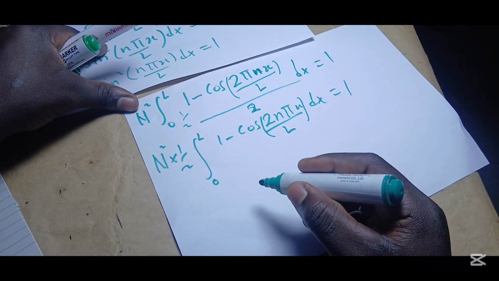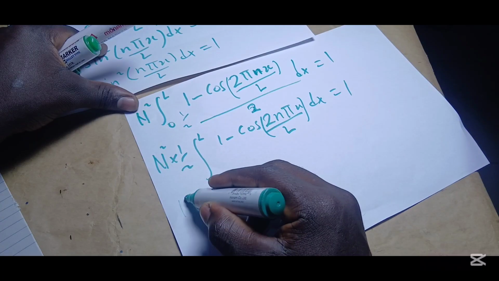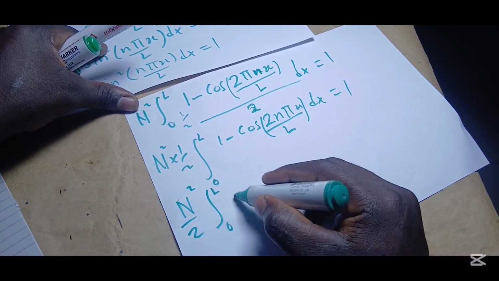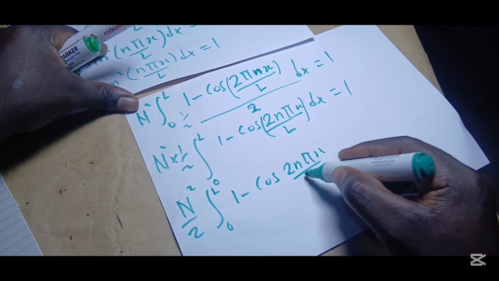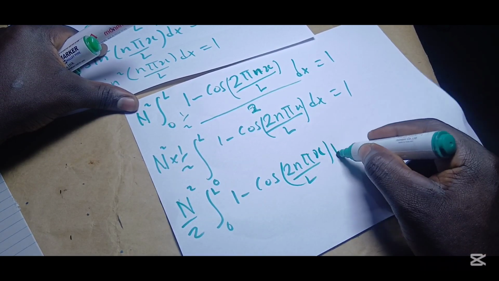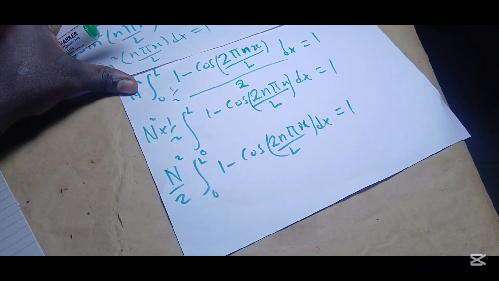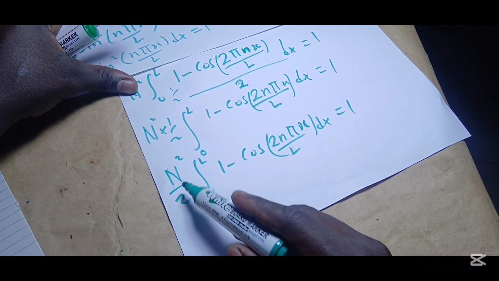So we can rewrite n squared multiplied by half as n squared over 2, integral from 0 to L of 1 minus cos 2n pi x all over L dx equal 1.